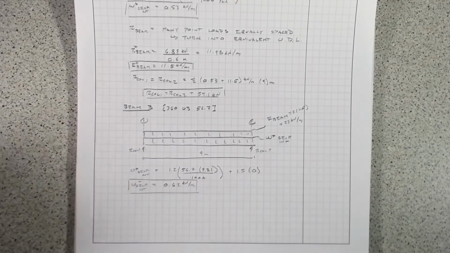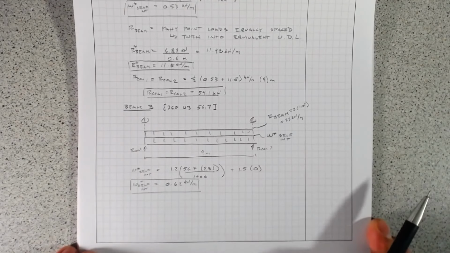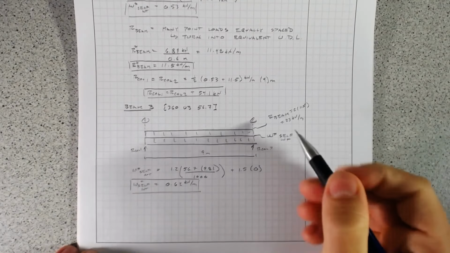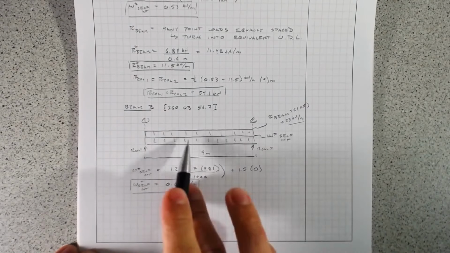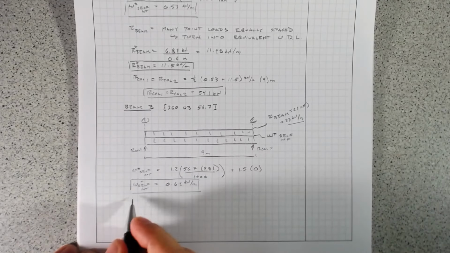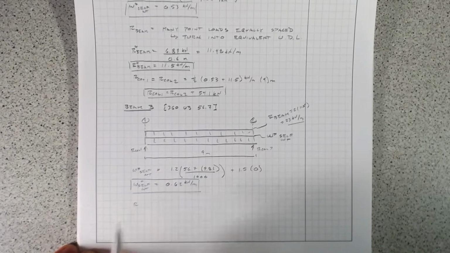All right, so now all we have to do is just work out what these reactions are. We know our load here, it's 23.0 kilonewtons per meter. And then we just need to add on our self-weight, multiply by the length, divide by 2 for each of these columns. So we've got, oh, actually, sorry, I've miswritten.